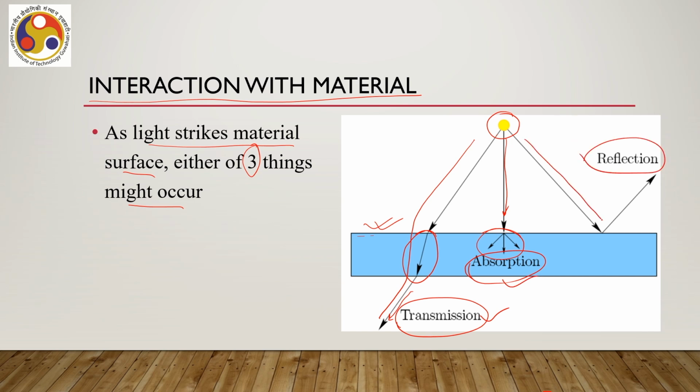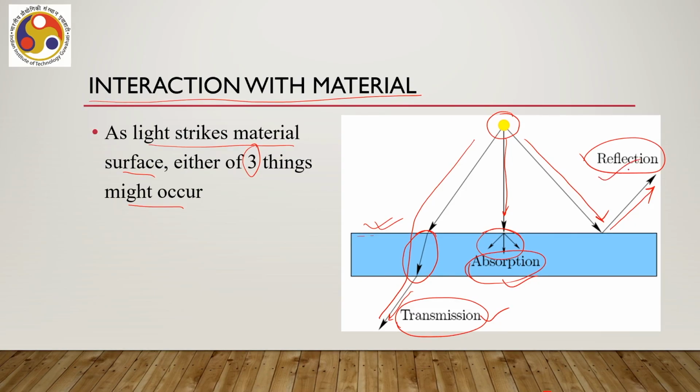So, the ray falls on the surface and then gets reflected from the surface without entering the object, without penetrating the surface. So, either of these three things can happen with the light rays. In fact, all three together can also happen, it is not only either. So, the rays can be reflected, absorbed or transmitted through the surface.